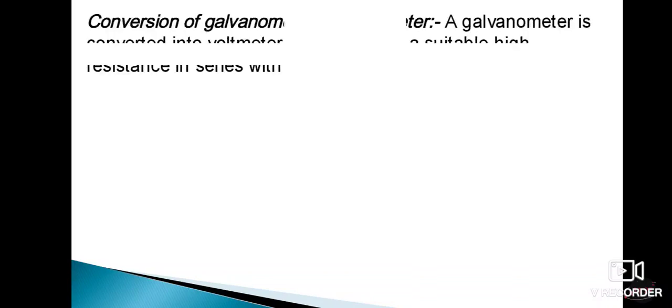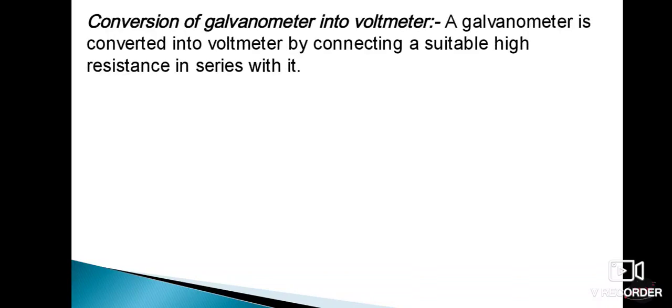Now we can discuss one more concept, that is conversion of a galvanometer into a voltmeter. How do we convert the galvanometer into a voltmeter? A galvanometer is converted into a voltmeter by connecting a suitable high resistance in series with the galvanometer. Don't get confused with these two.